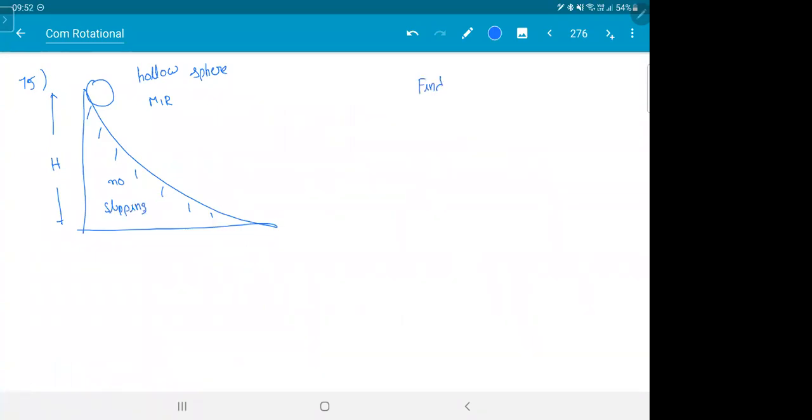Find the ratio of kinetic energy translation by kinetic energy rotation when the ball has come down. So when the ball has come down rolling, it will have both translation and rotation. Find the ratio of translation by rotation kinetic energy.